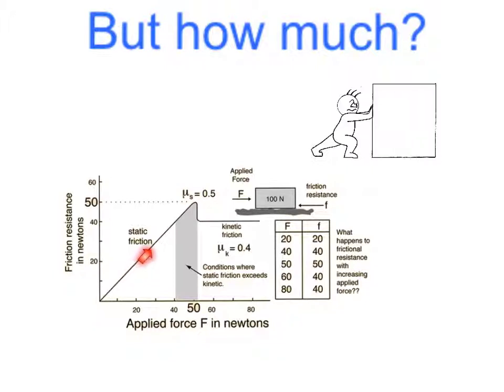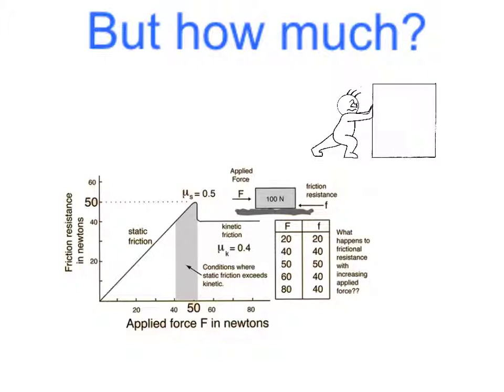And that increases to a point where the object slips and begins to slide. So if I'm applying a force of, say, 30 newtons, I'm going to get a static friction force of exactly 30 newtons. But at some point, I apply enough force to cause that thing to begin to move. So I overcome that friction force.